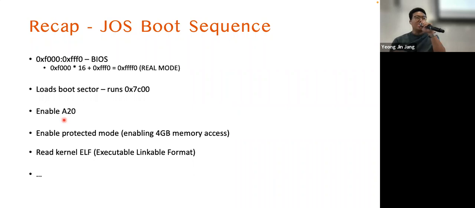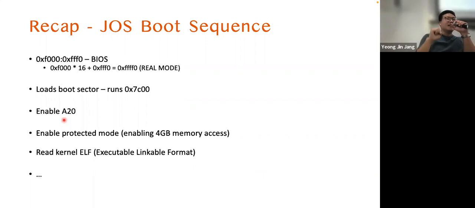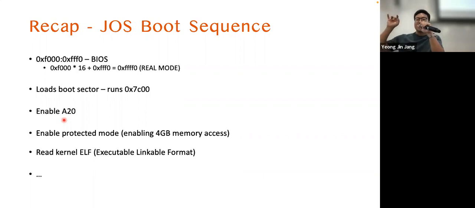The first thing is to enable A20. We briefly introduced what A20 was. A20 is address line bit 20. The reason we have that feature is that for the sum of the segment operation, if we have FFFF for the segment, for example, then if we shift that by 4, that will automatically point to this address.